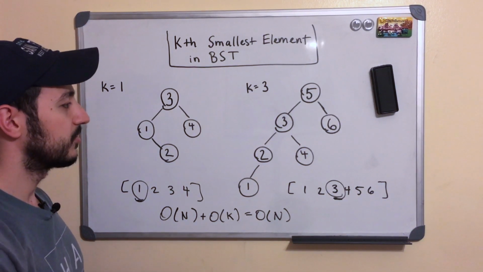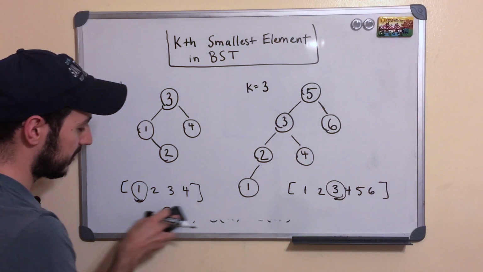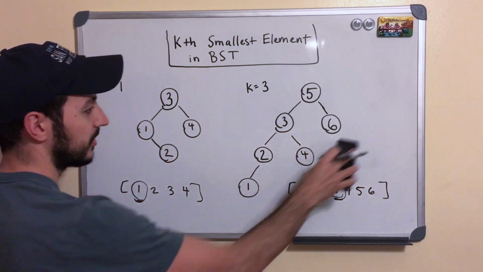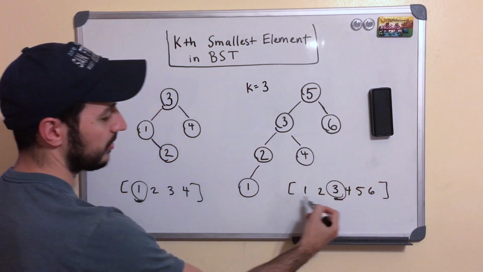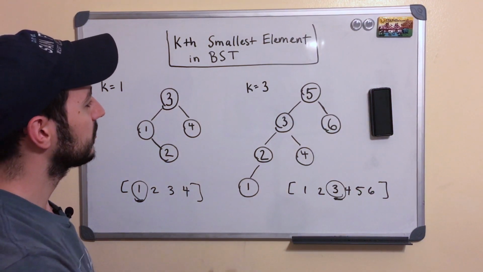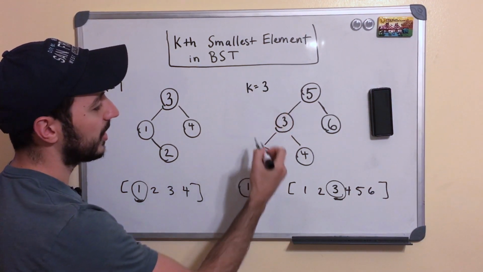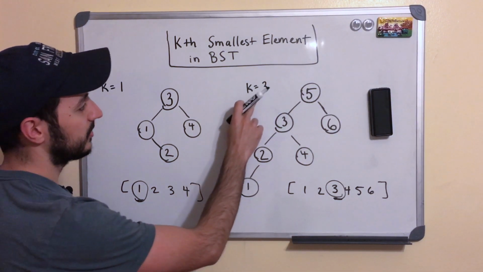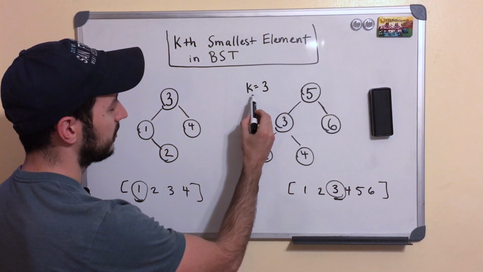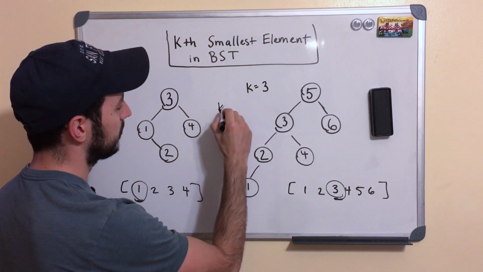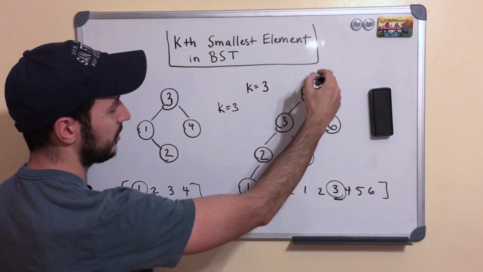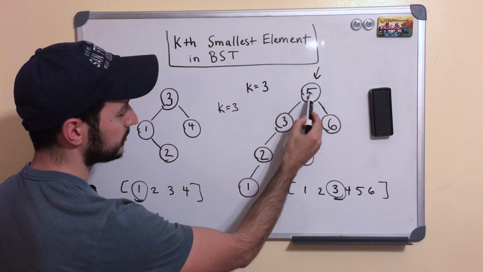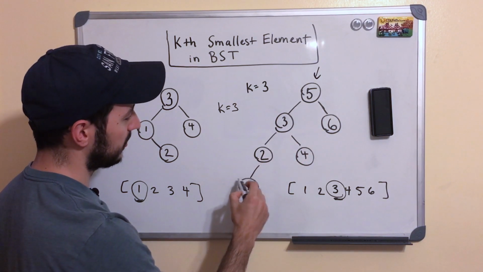But another way we can do this is that instead of generating this sorted array here, we can just keep track of which spot we're at while we're traversing the binary search tree, and say we are at k equals 3 here. We'll start here and we'll be traversing down to here.